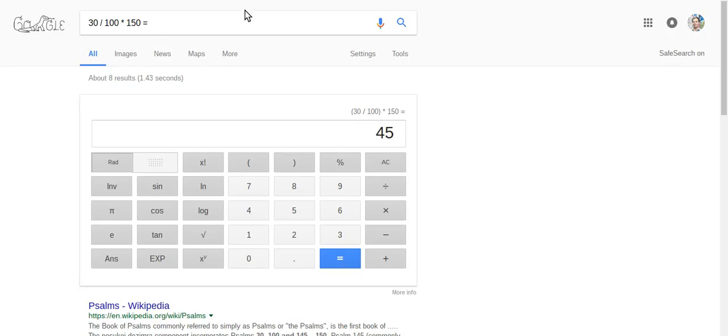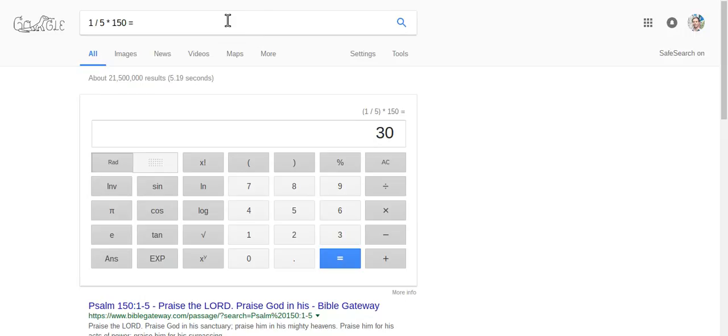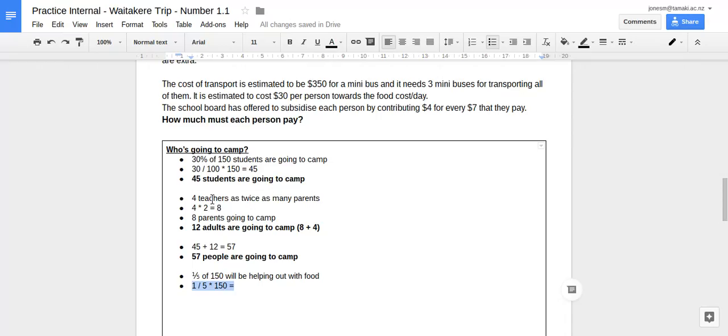Put that in the calculator. We need to remember to show our working. So the calculator shows 30. So 30 students will be helping with food.